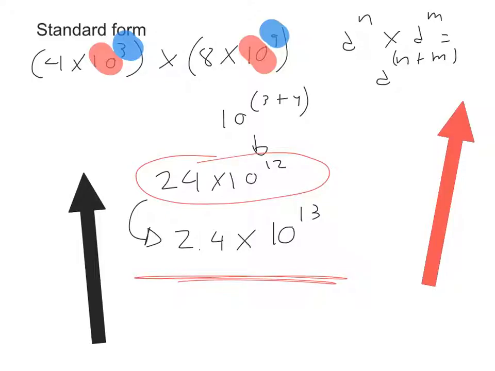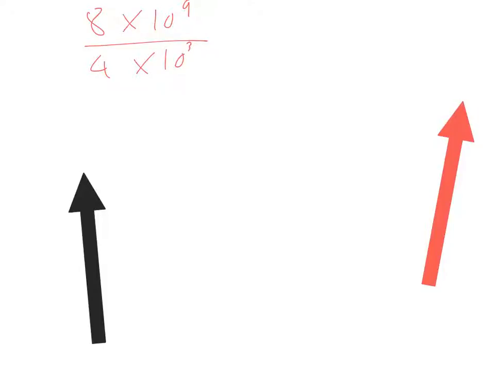Let's see how we do division. We have 8 times 10 to the power of 9 divided by 4 times 10 to the power of 3. Now we use a property that is quite close to the one before: a to the power of n divided by a to the power of m. We don't have to do everything, we just do a to the power of n minus m. So once again we use the exponents n and m and subtract them.